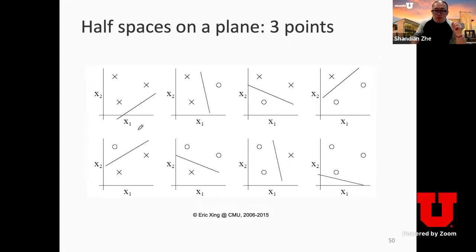For each of these labeling schemes, we can find a corresponding linear classifier which gives correct prediction of all the 3 labels. Then we can claim that our linear classifiers, or half spaces, can shatter this particular set of 3 points. Does it make sense?